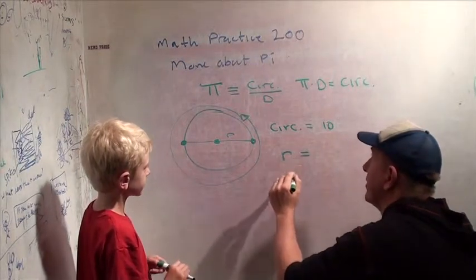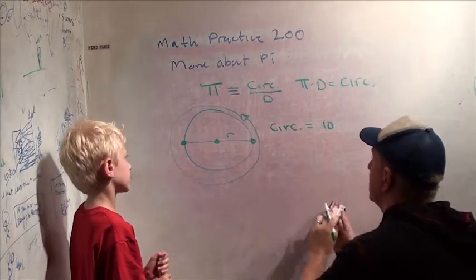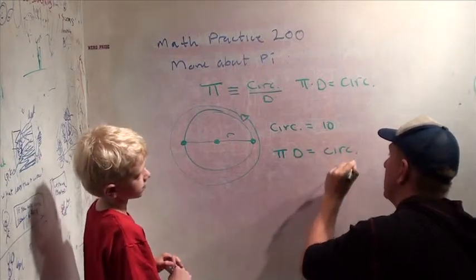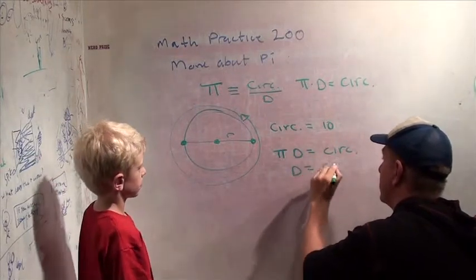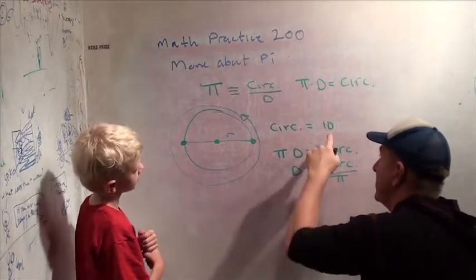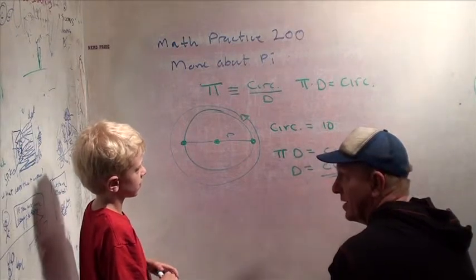Right, so we have our formula here that pi times the diameter is the circumference. So the diameter is the circumference divided by pi. Okay, so what is 10, which is our circumference, divided by pi? What's 10 divided by pi?